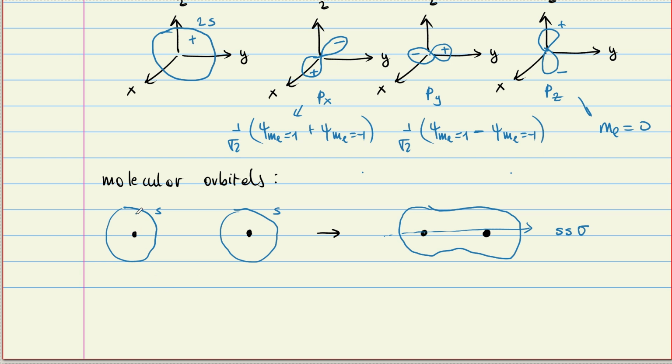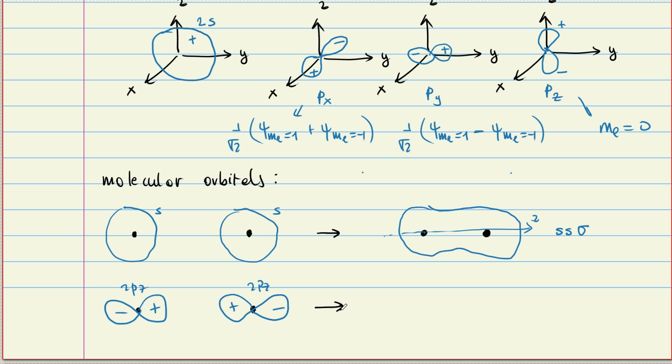We can do exactly the same thing. For example, let's call the direction that connects two ions the z direction, right? Then I can consider approaching these two guys. This is going to be 2pz, this is 2pz, and this is going to be plus plus minus minus.